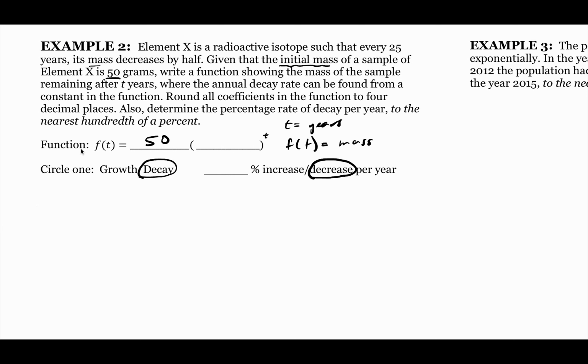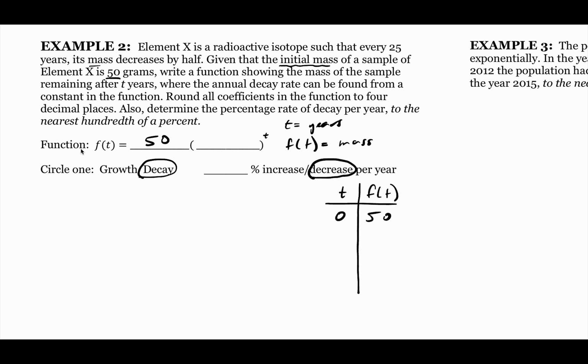Okay, so let's make a little table here. So we have t and we have m. I'll put m for mass. Or sorry, f of t. It's mass, but we called it f of t, so I want to stay the same, f of t. Okay? So at the initial, it was 50 milligrams.